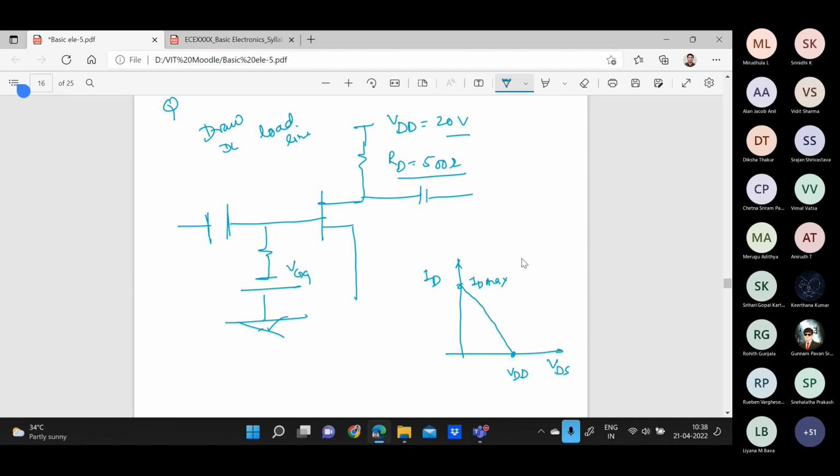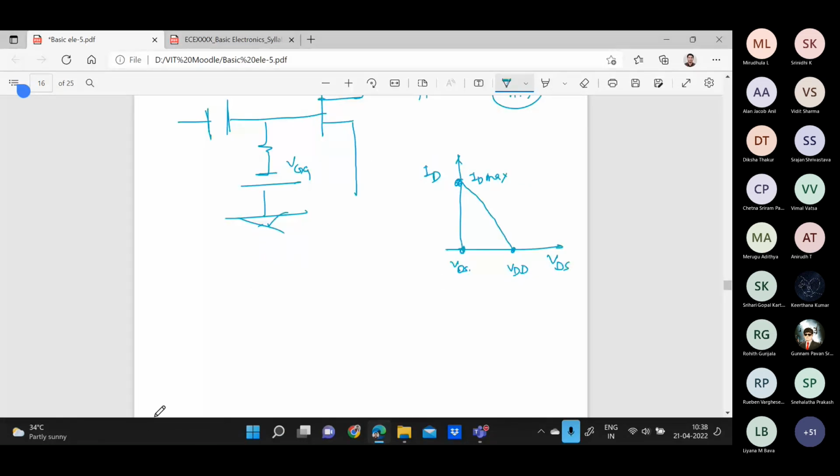In the question, they have directly given the value of VDD, which is equal to VDS maximum. For the DC load line you have to find the ID max when VDS equals 0, and the voltage when the current is 0. So the maximum VDS equals VDD for the DC load line. VDD is given in the question, that is 20 volts.